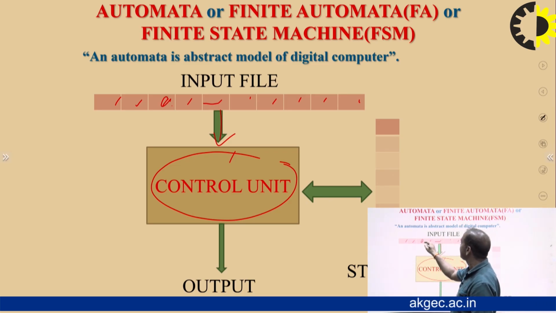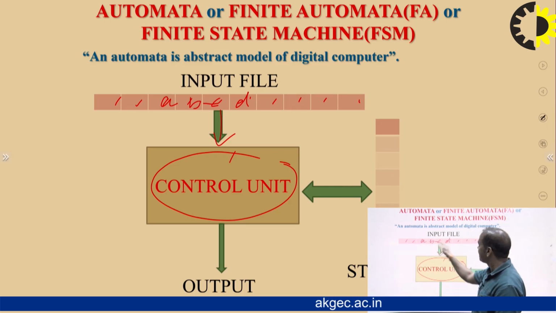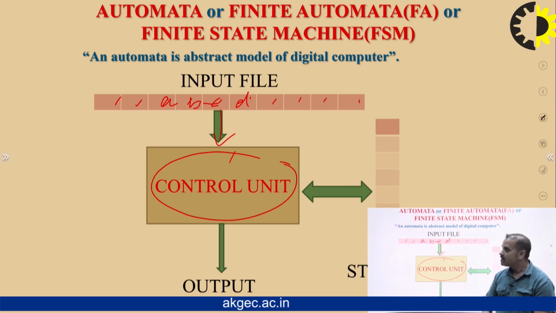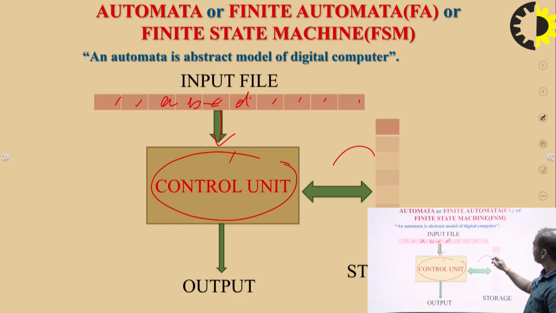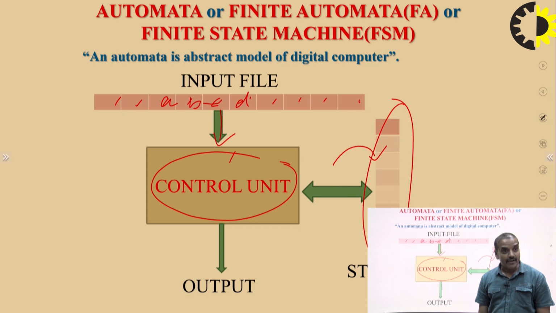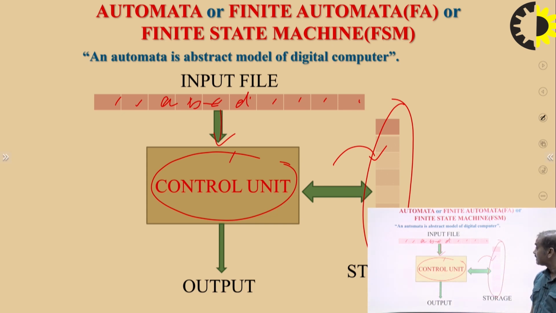Here we have to write A, B, C like this. If you have A, B, C, D alphabets, we write them in the input file. The input file is processed by the control unit, and the control unit pushes the data inside the storage, which is in the form of a stack, where we process the given inputs by pushing or popping the given information, or performing a mathematical or logical operation inside the stack.